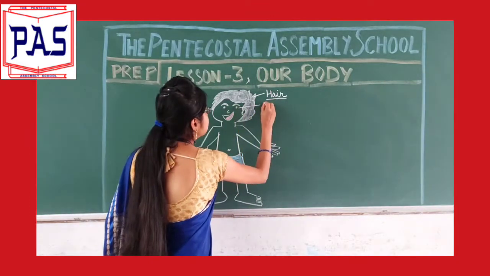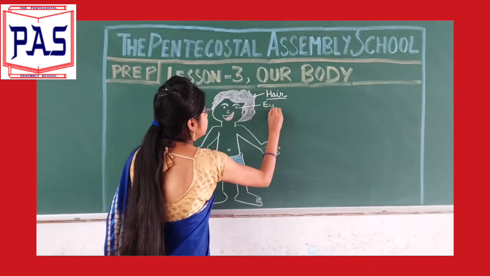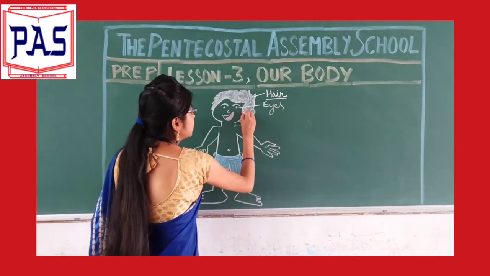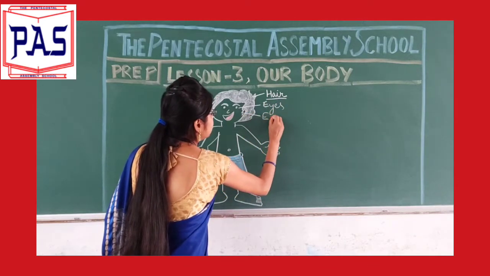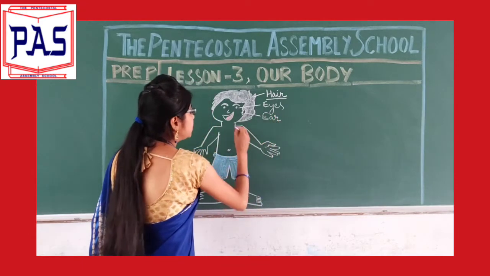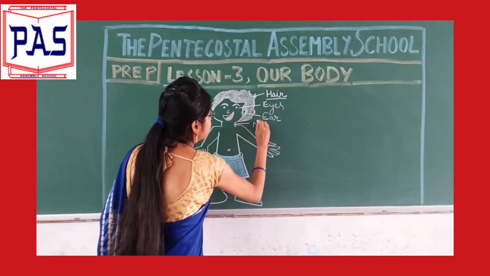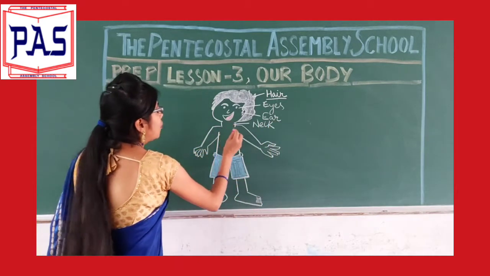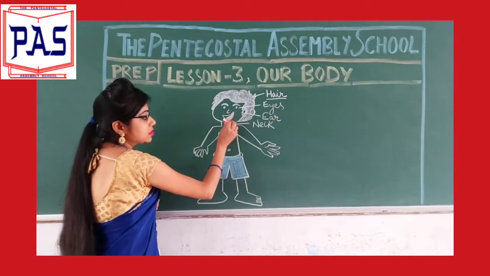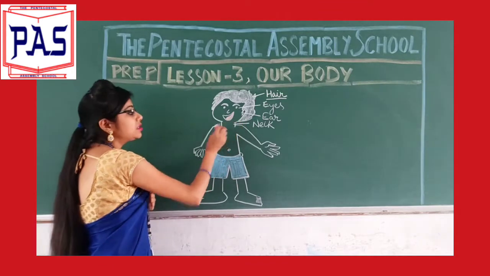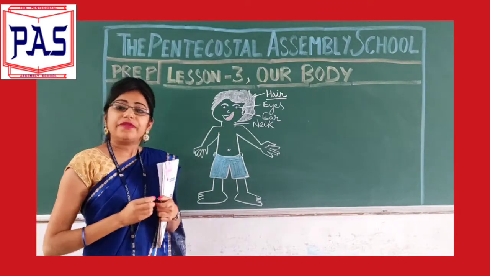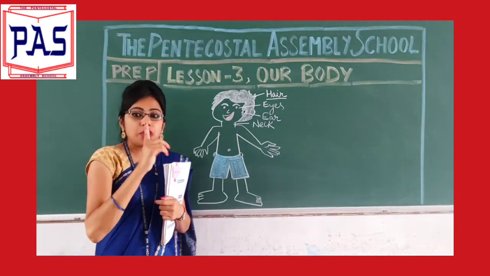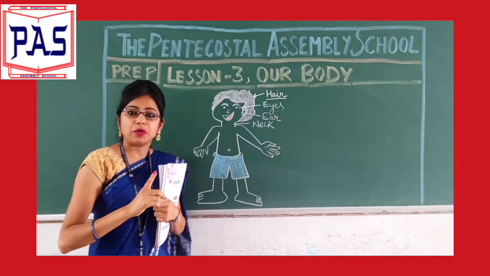This is eyes. This part is ear. This part is called neck. Now, this pink part is our tongue. We have one nose and one mouth.